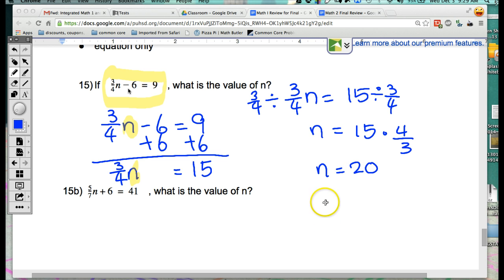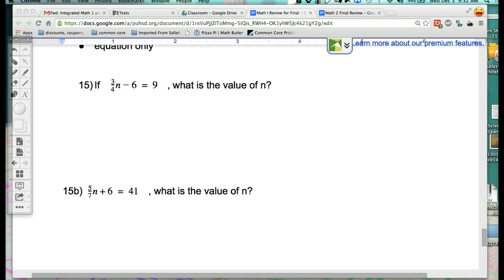So then this is a multiple choice question, so you just have to select n. If you don't know how to do this, just plug in all the answers into the n and see if it equals 9. Okay? So now I want you to go ahead and work on 15b until the bell rings, and this is the last question. Okay? Ready? Go.